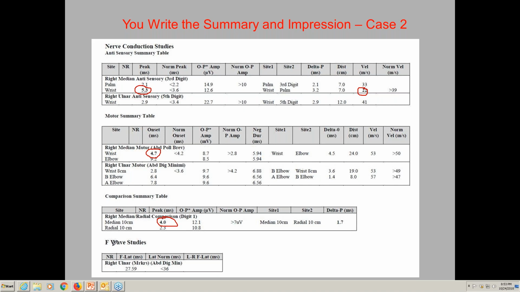So bullet 2, the right ulnar and superficial radial sensory and right ulnar motor, in parentheses with F waves, demonstrate normal nerve conduction study, or are within normal limits, period. So we're saying the same thing.